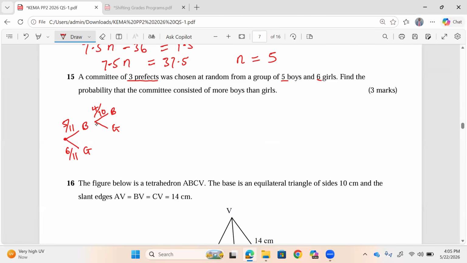Then for a girl, 6/10. What about the case whereby we pick a girl first? When we had picked a girl, picking a girl once again goes down to 5/10, and boys 5/10. We are feeding the probabilities very carefully.